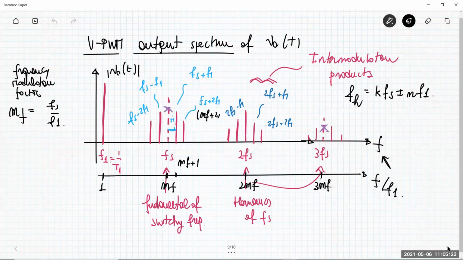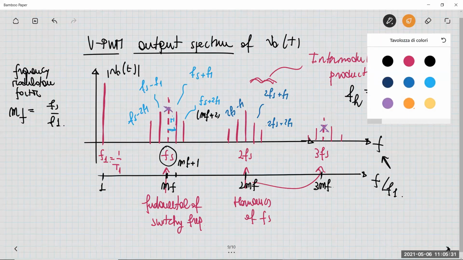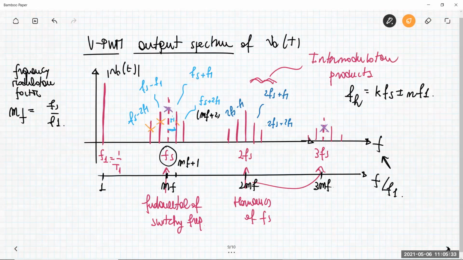What are the odd harmonics? For example, Fs is an odd harmonic. Okay, so it means that we don't have any of these quantities. No intermodulation products around this. Or here.